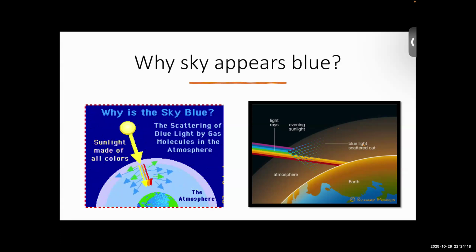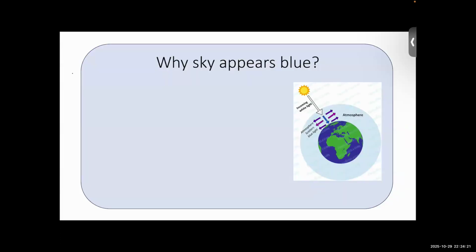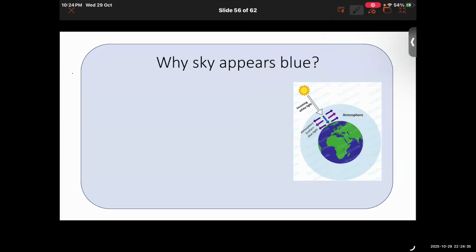To keep it simple, you should understand it in the following manner: the sky is blue in color because the blue light is scattered most by the gas molecules. Let me write some important topics about it here. The sky appears blue, it is not actually blue in color.